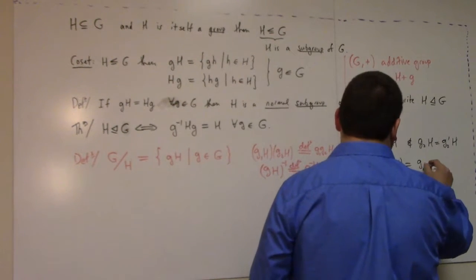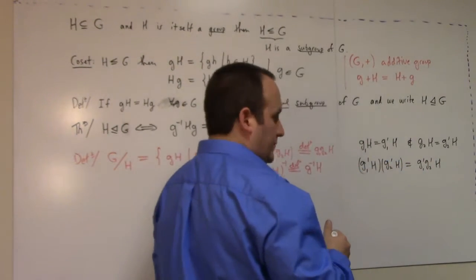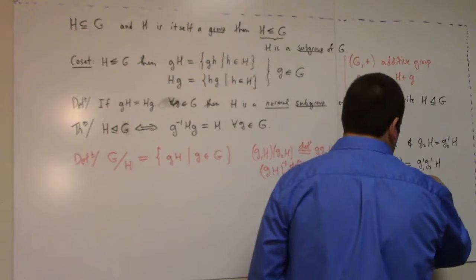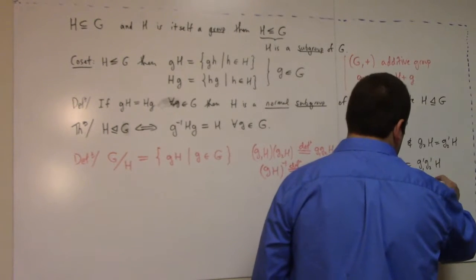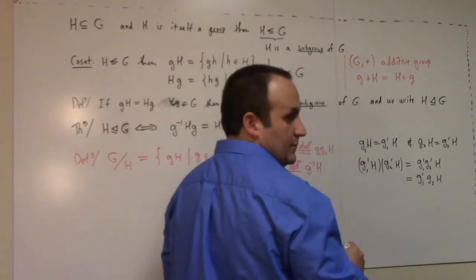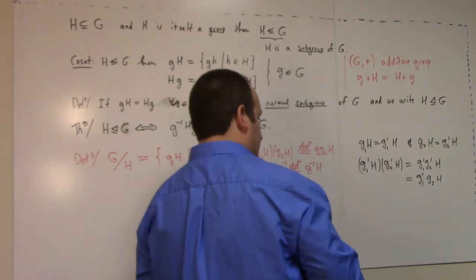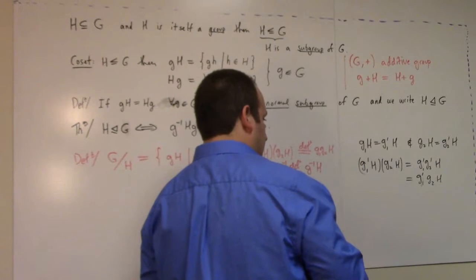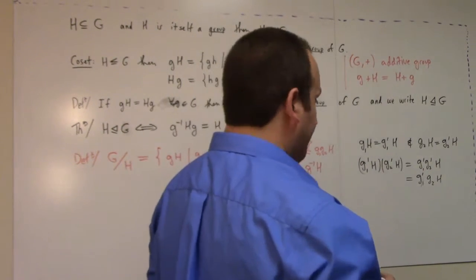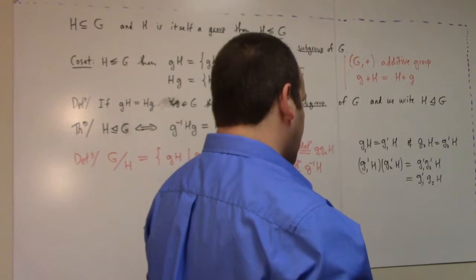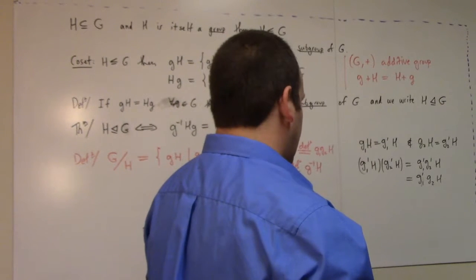Well, that would be, by definition, g1'g2'H. But g2'H is what? Well, it's g2H. Does that make it g1g2H, or does it not? Can you do the same thing with the g1'? No, I got the g2 in the way. I don't remember how I get around.